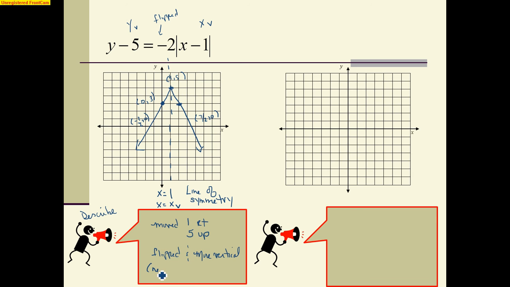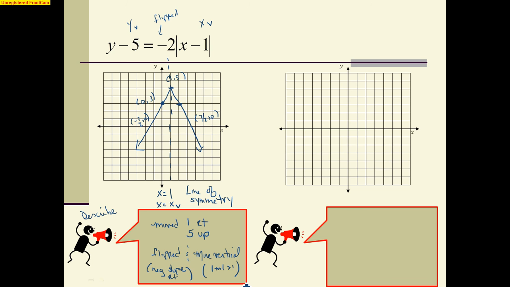Right? Negative slope to the right and absolute value of slope greater than 1. Good?